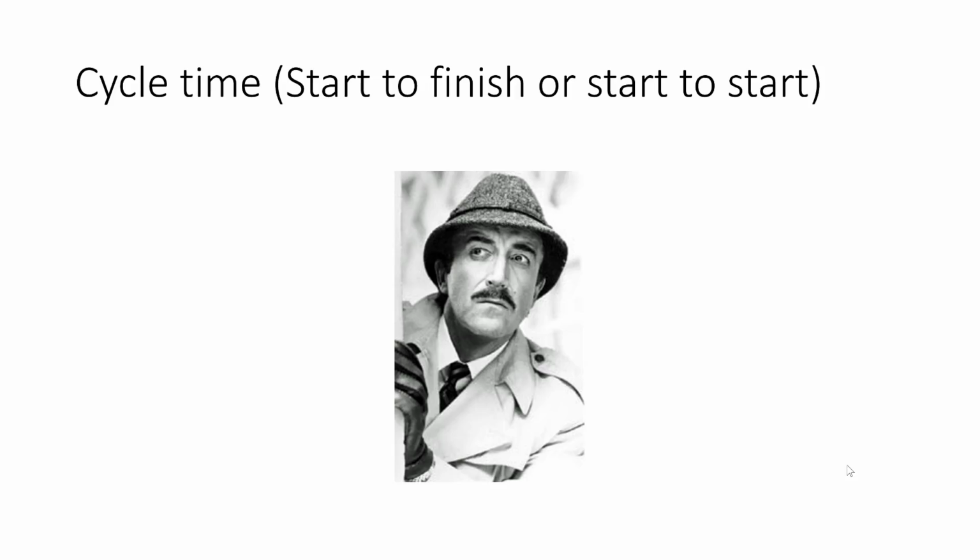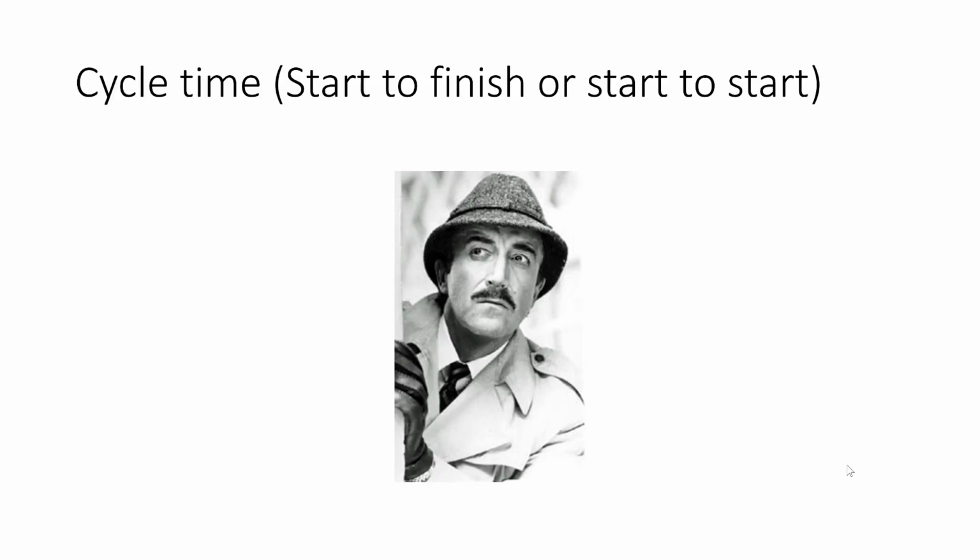Cycle time is, well, it's a confusing term because people use it multiple different ways. So when you hear someone say cycle time, make them define what they mean. Because cycle time is essentially the time that a thing spends in a process. The question is, what process, and how are you defining the beginning and end of that process?